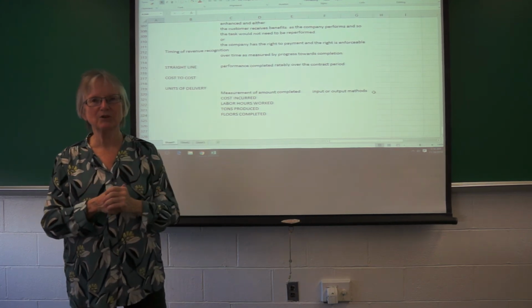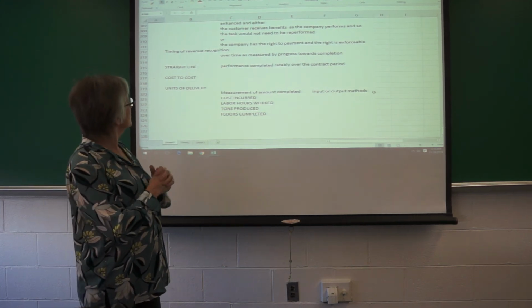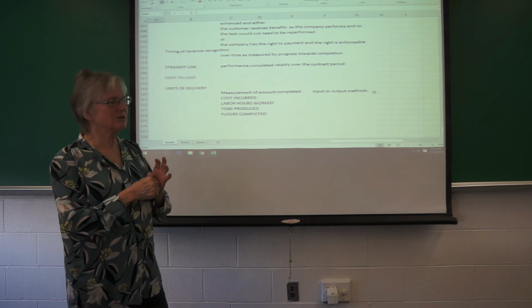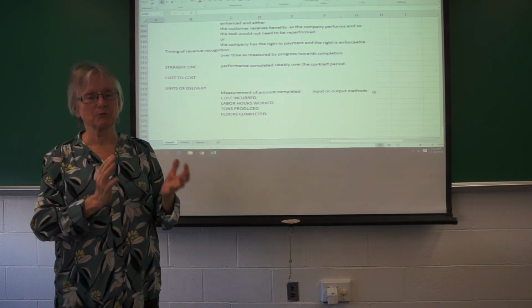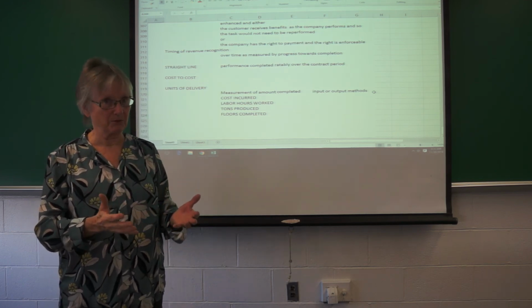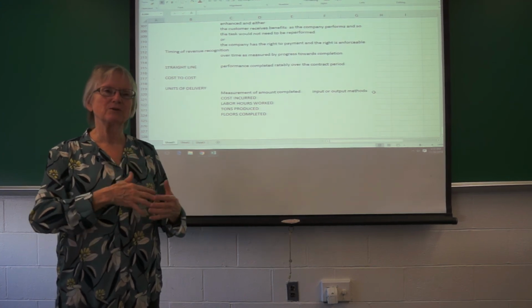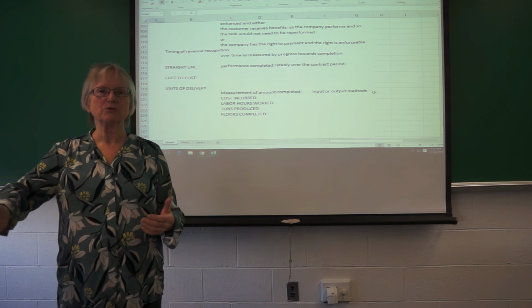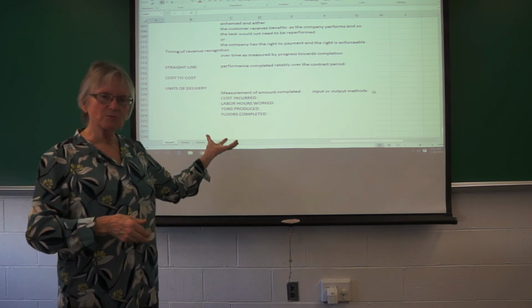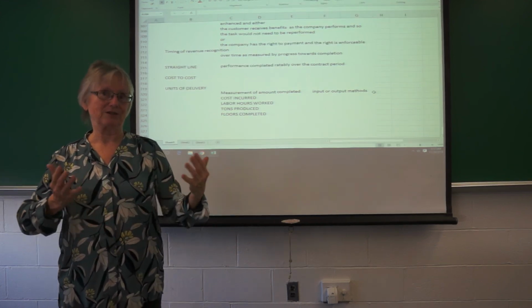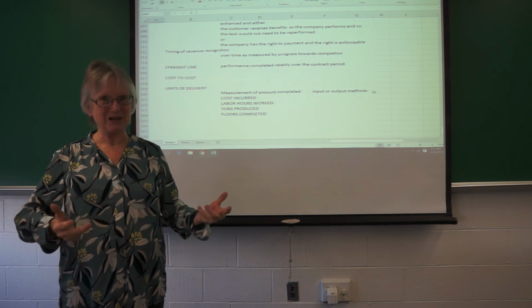You can use input and output methods. The main point is that if the performance obligation is completed at a point in time, you just recognize the revenue. Otherwise, you have to figure out the pattern of that revenue recognition and come up with a sensible way to recognize it based on the economic reality underlying it.